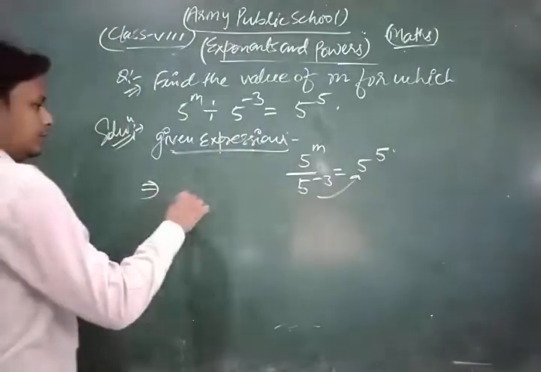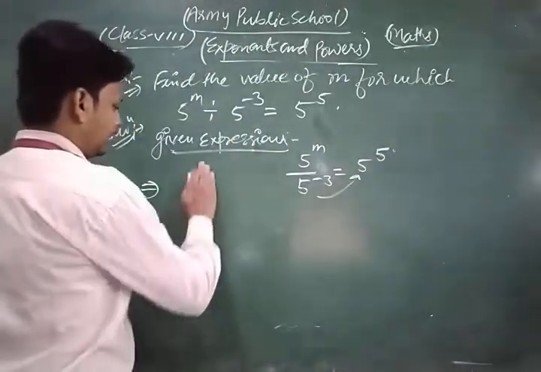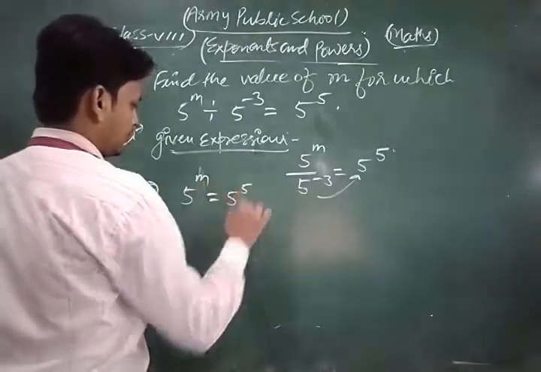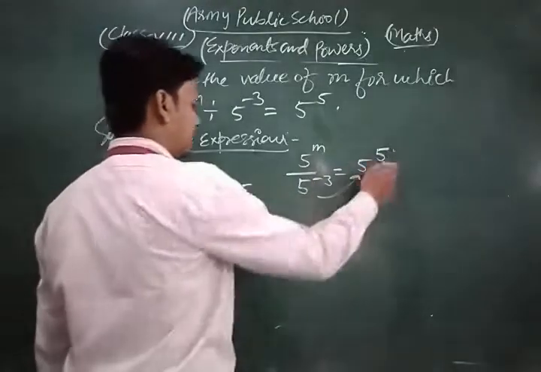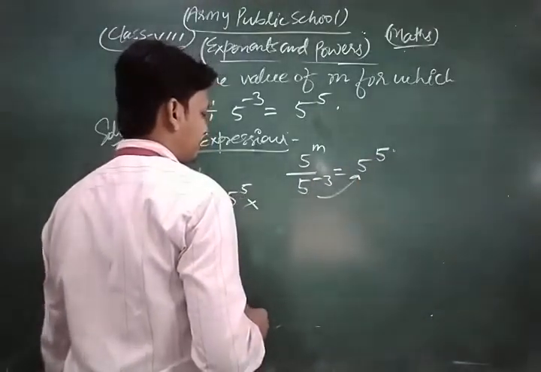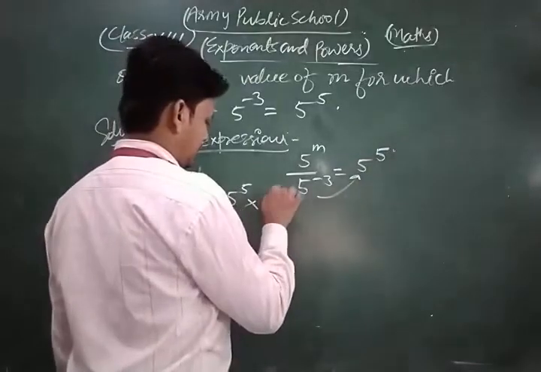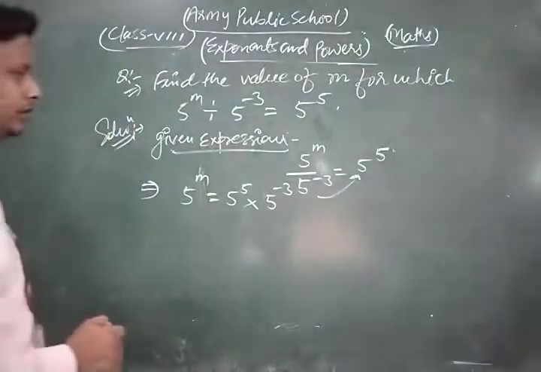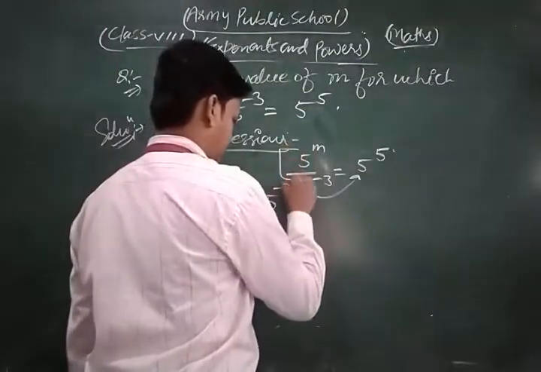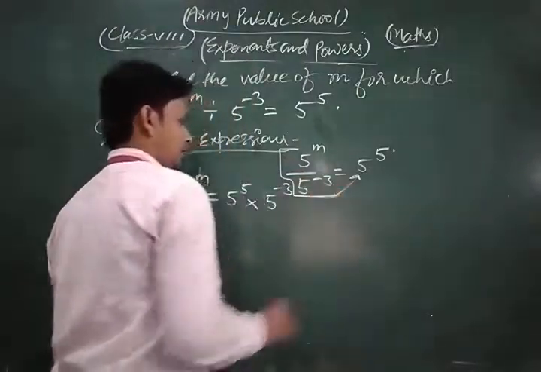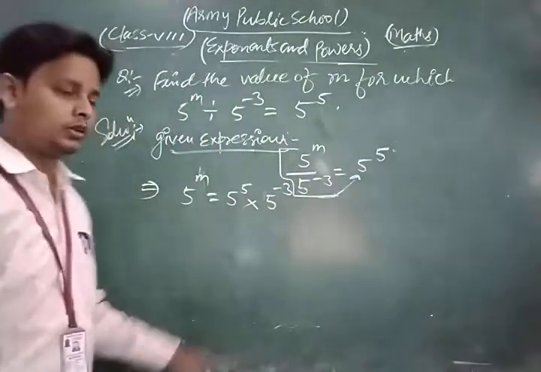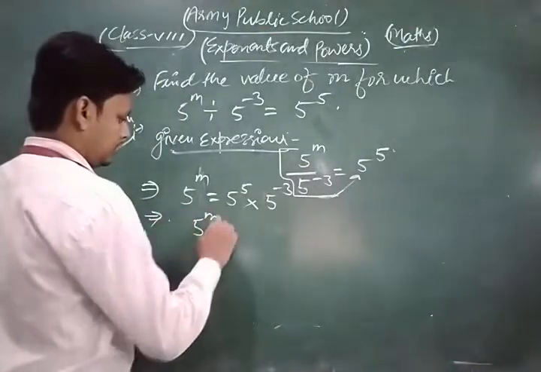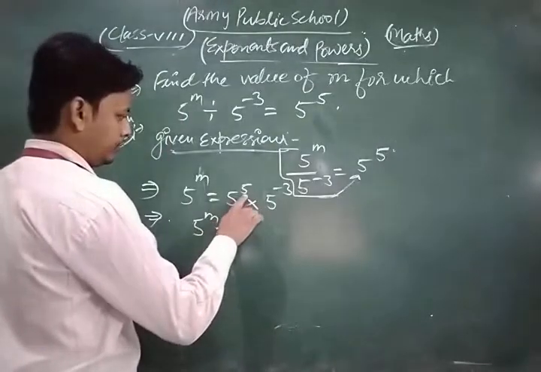So we get 5 power m is equal to 5 power 5 into 5 power minus 3. Now here, this is 5 and this is minus 3.